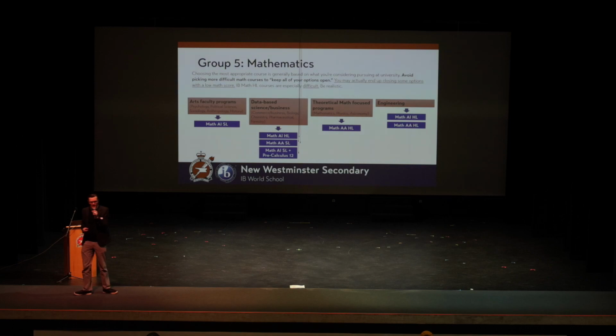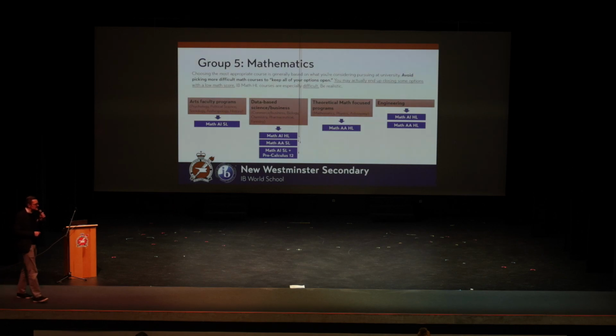As we move further to the left, things become a little bit more open, and if you want to take sciences that are more data-based, so things like biology and chemistry, where you're really having to take data from experiments and analyze them and model them, or pharmaceutical sciences, or things like forestry, or commerce and business, that again focus more on the data side of math and the statistics side of math, Math AI HL might be a good course to take, as might be the Math AA SL course.